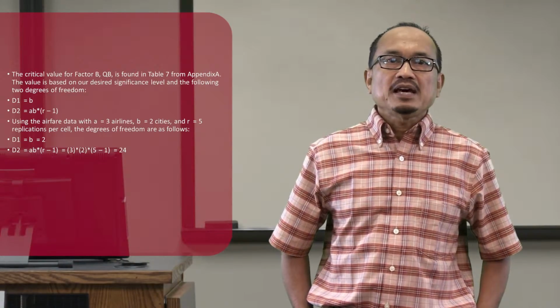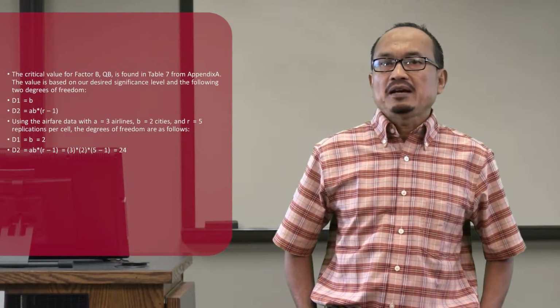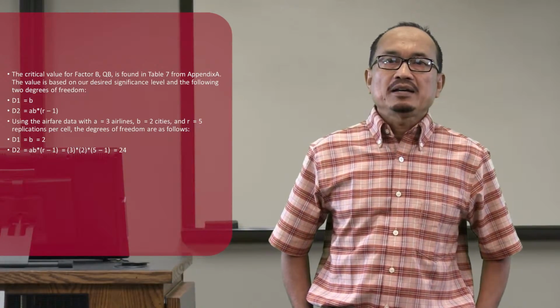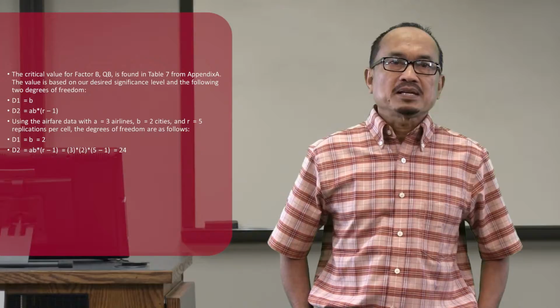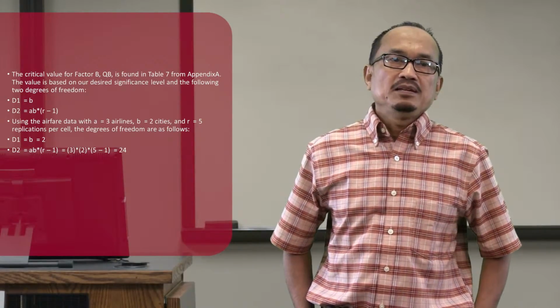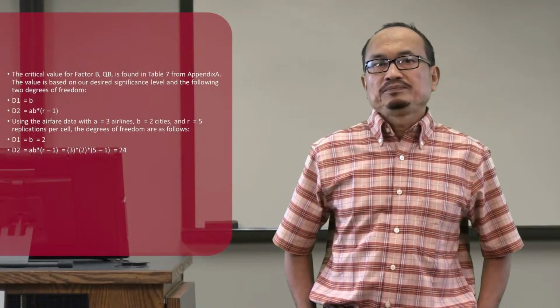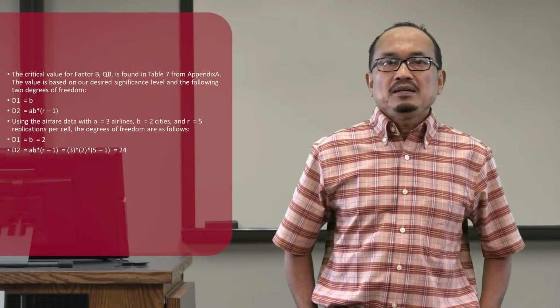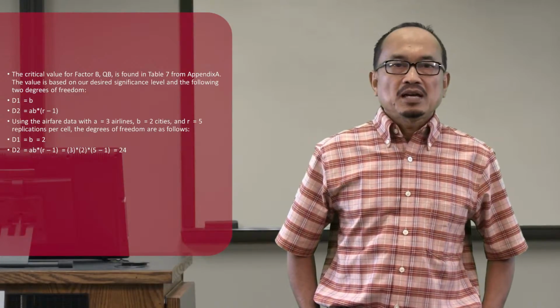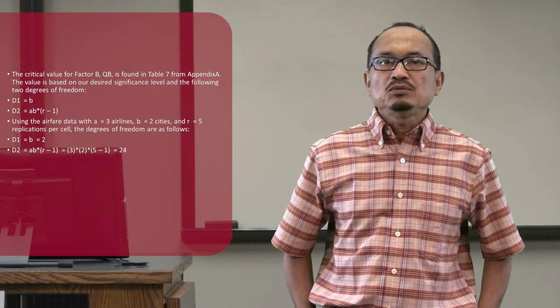Using the airfare data with A equal to 3 airlines, B equal to 2 cities, and R equal to 5 replications per cell, the degrees of freedom are as follows. D1 equals B equals 2. D2, AB times R minus 1, equals 3 times 2 times 5 minus 1, equals 24.